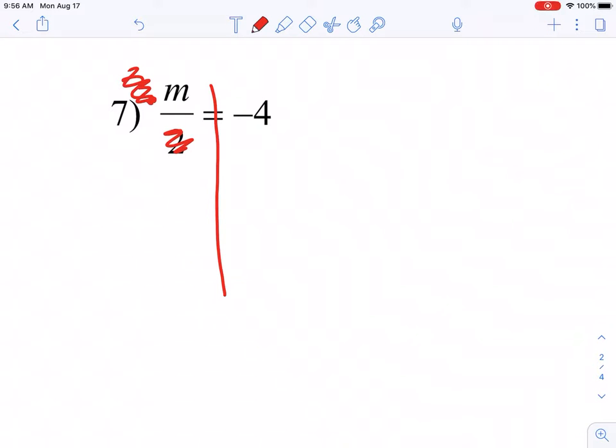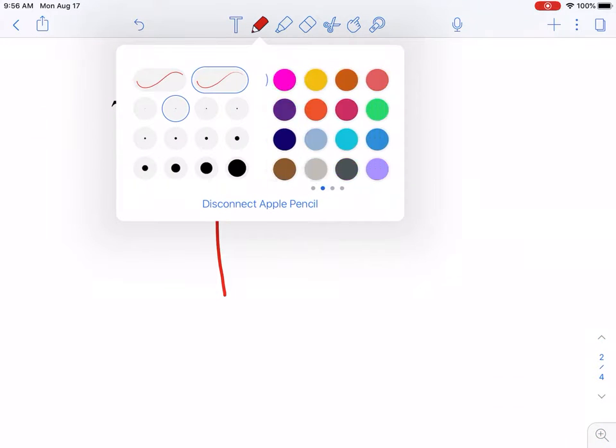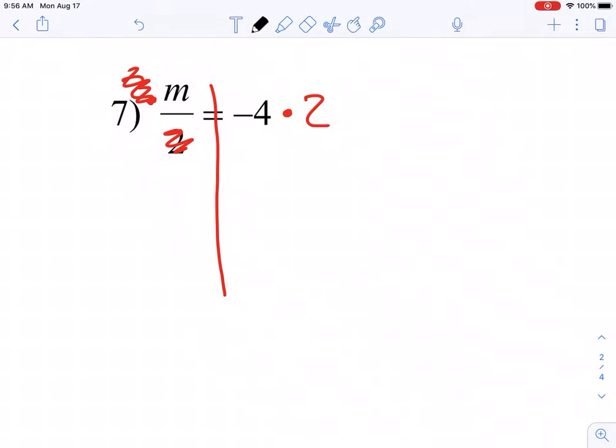A times 2 undoes a divided by 2. But what I do to one side, I have to do to the other. So on my left side, m is now by itself. On my right side, I'm going to work this out. I have a -4 and a +2. My signs are different. When we multiply, different signs means we get a negative answer. 4 times 2 is 8.